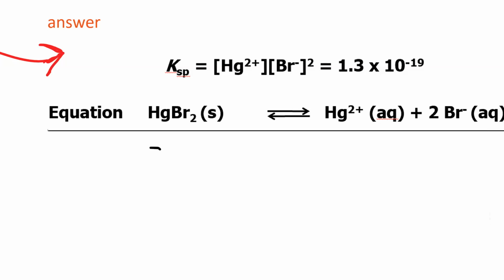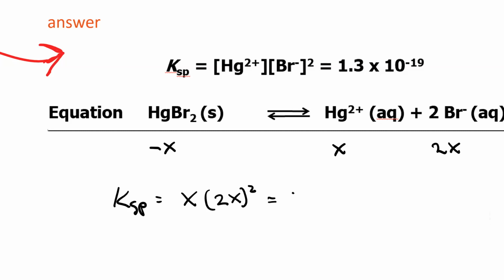So, if x moles of HgBr2 dissolves, then we get x moles of Hg2+ and 2x moles of Br-. And so we have Ksp equals x times (2x) squared equals 1.3 times 10 to the negative 19th.